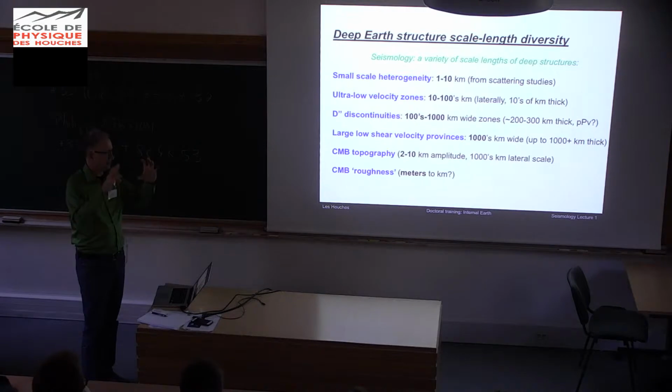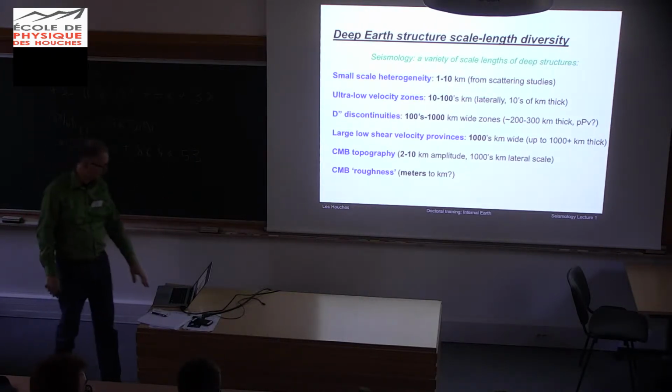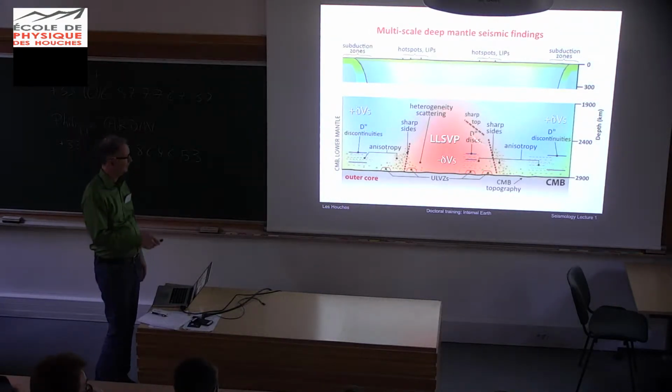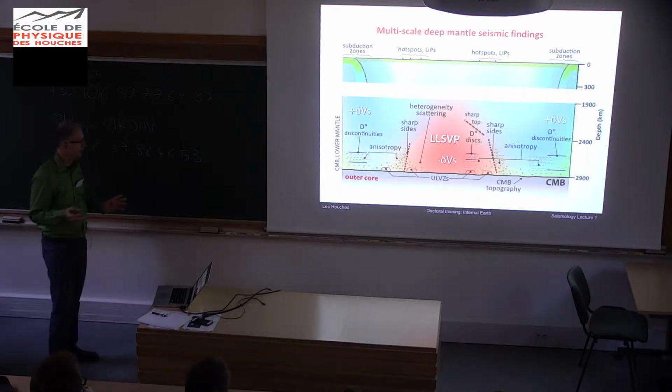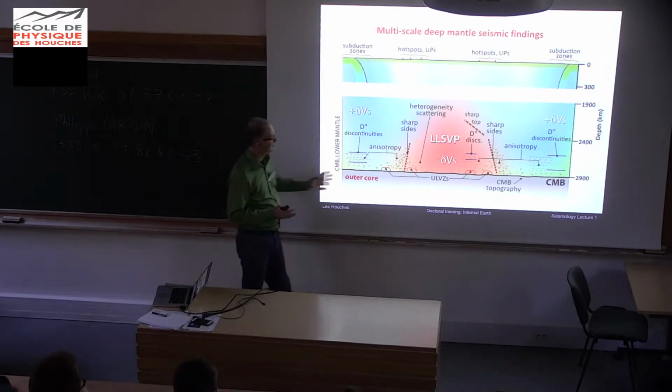On either side of it, I like to think of the core of the Earth as having headphones, one under the Pacific, one under the Africa, Atlantic, topography. I could list as many other things, or show it in cartoon form, where this is just the bottom of the mantle, these large low shear velocity provinces, and many phenomena that can get smaller and smaller scale.